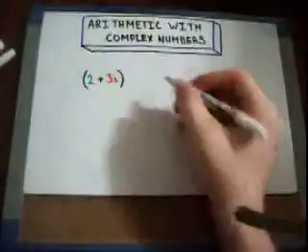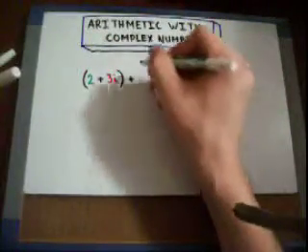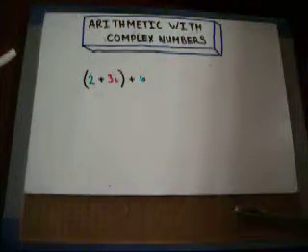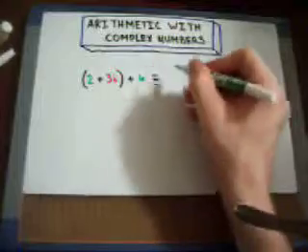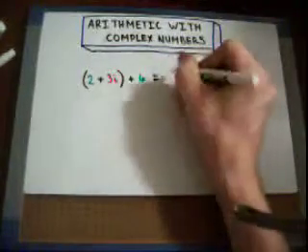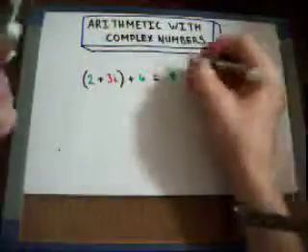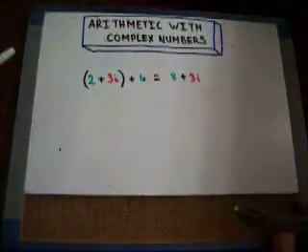Let's add to that 2 plus 3i, 6. So 2 plus 3i plus 6. Well, nothing really deep happens here. I color coded it for a reason, because you already know that I'm just going to add the 2 and the 6 to get 8 plus 3i. And that's basically how you add complex numbers.